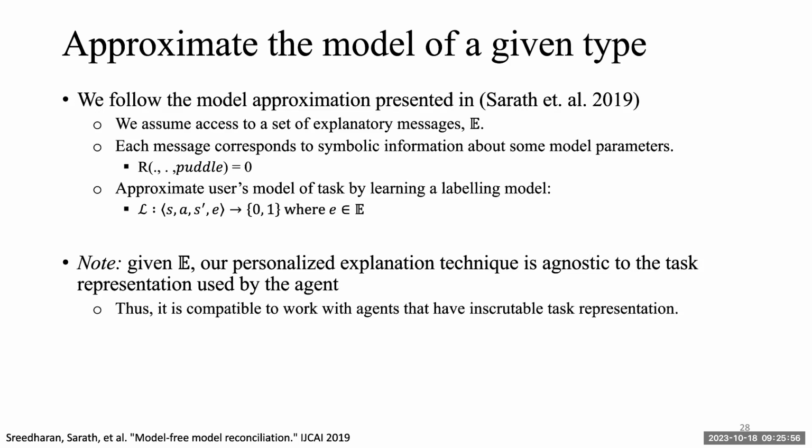So given this labeling model, we can enumerate over all possible explanations and then explain any kind of transition to that particular user. Okay, this was just a preliminary, but note here that given this set E, our explanation techniques would be agnostic to the task representation used by the agent, thereby compatible to work with agents with inscrutable task representations.